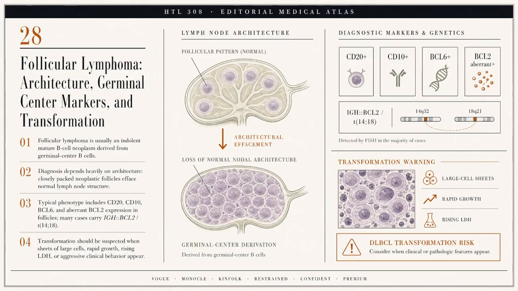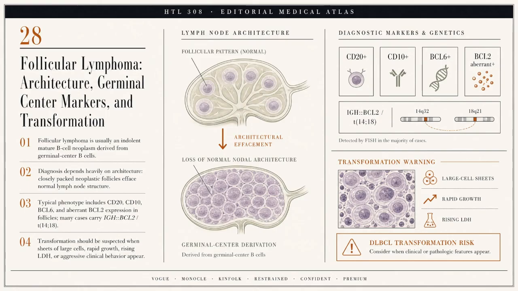Importantly, BCL2 expression within these follicles is a key diagnostic clue, as reactive germinal centers usually lack BCL2 staining. This triad of markers, CD10, BCL6, and BCL2, forms the immunophenotypic signature that guides pathologists in confirming the diagnosis.